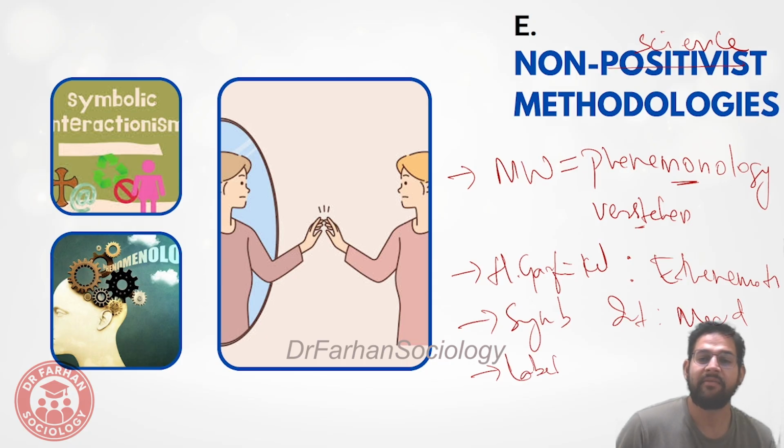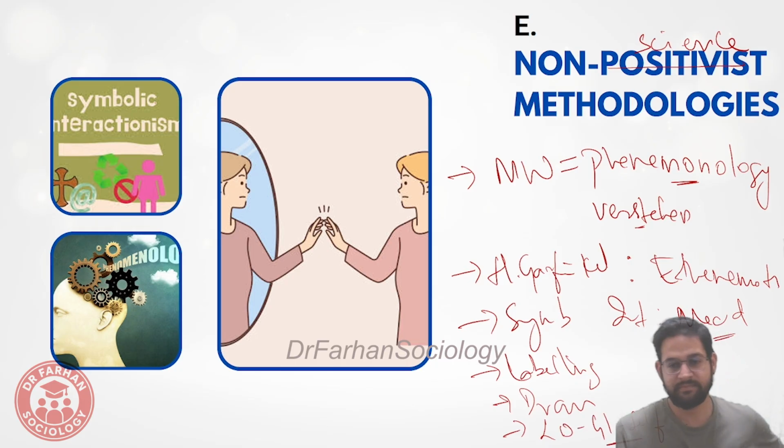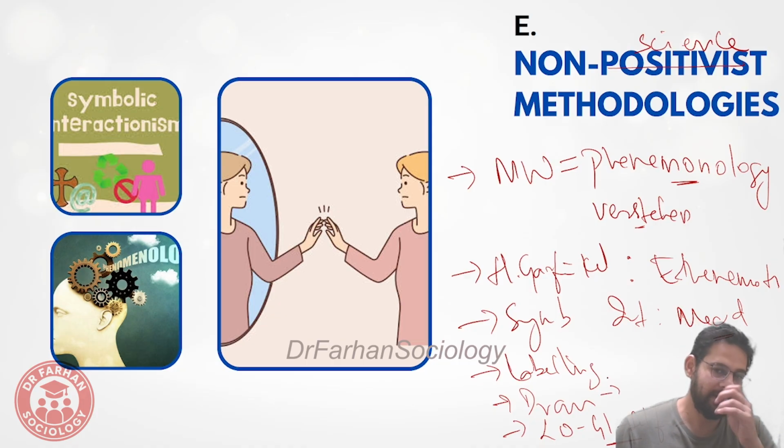Then we are having the different forms of labeling theory. We are having dramaturgical theory. We are having looking glass self theory, by C.H. Cooley. Then we have the methodological approach by Habermas. Then we are having Howard Becker's labeling theory. So these are the different ways in which non-positivist methodologies are studied.